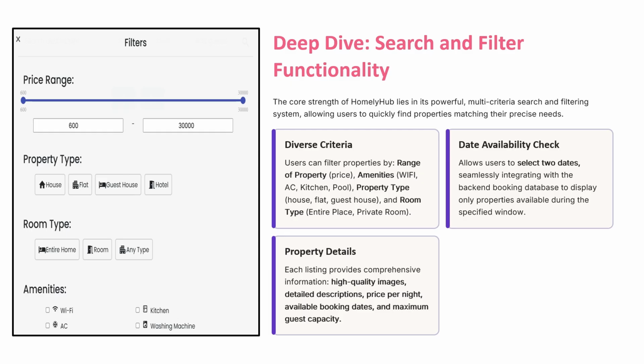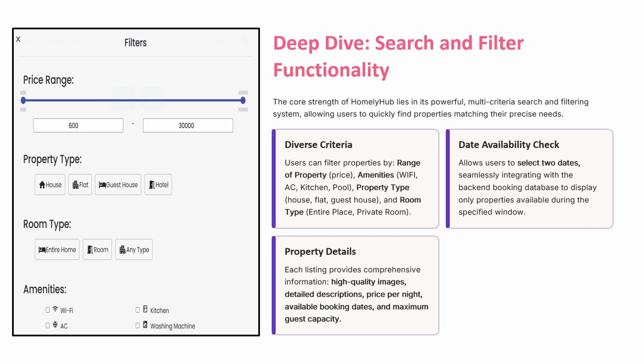First, we designed a price range. Users can select the price range according to their needs, and can also select the property type, which is a house, flat, guest house or a hotel. We also provide the room type: entire home, room, and any type.